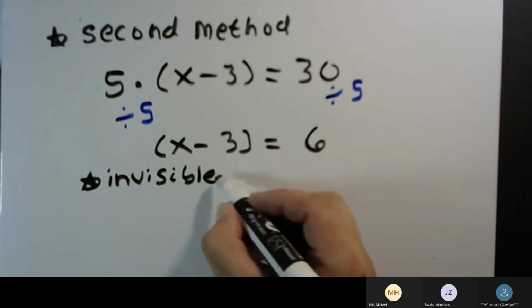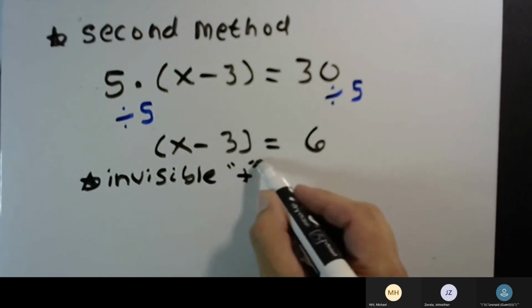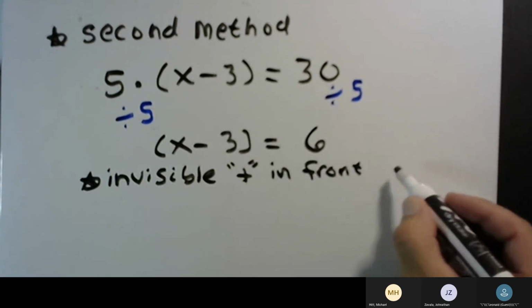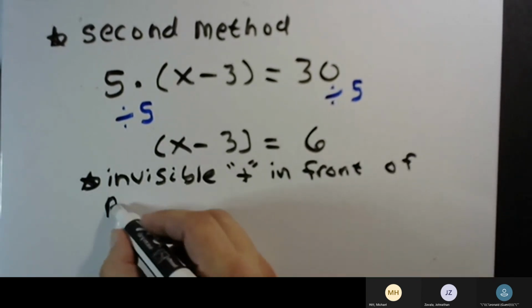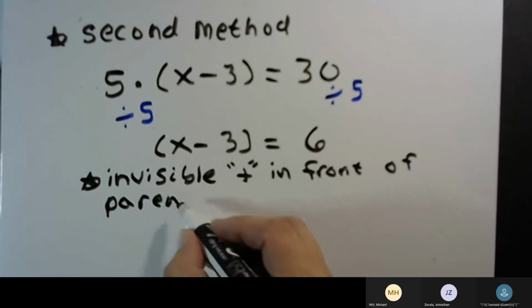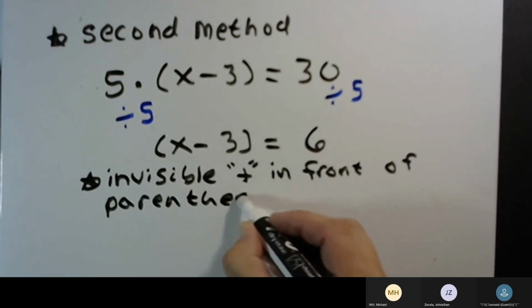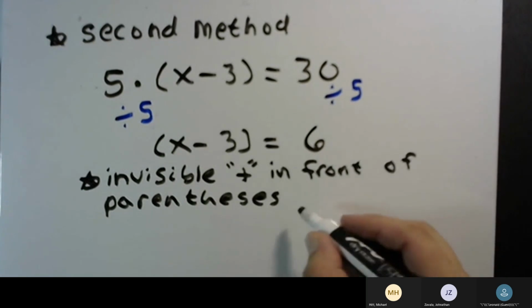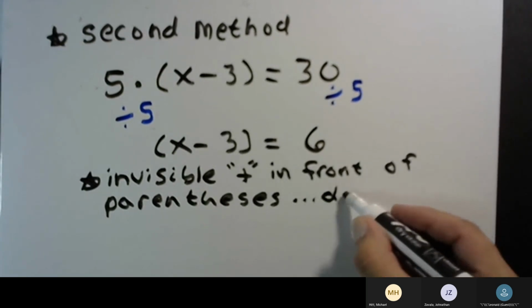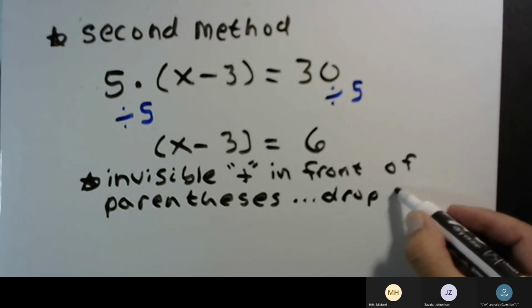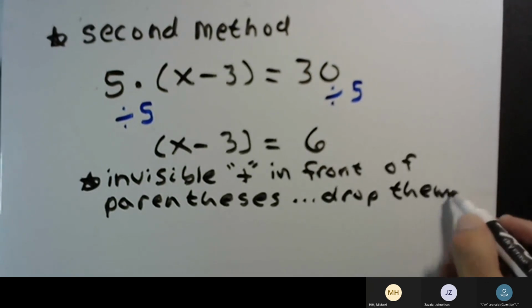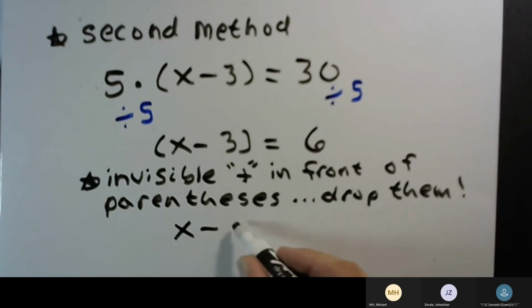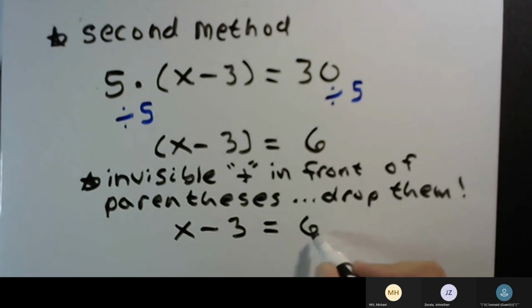So we have an invisible plus in front of parentheses. So what that means is we can drop them. So we get x minus 3 is equal to 6.